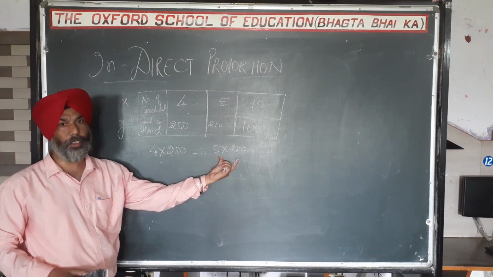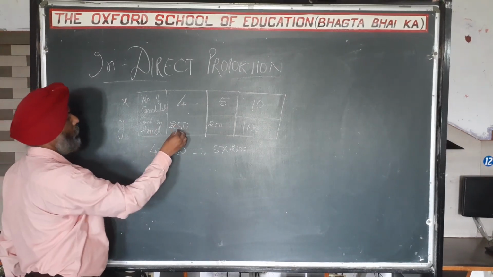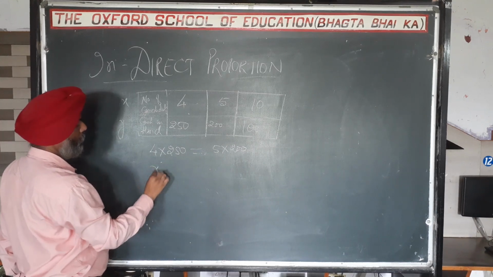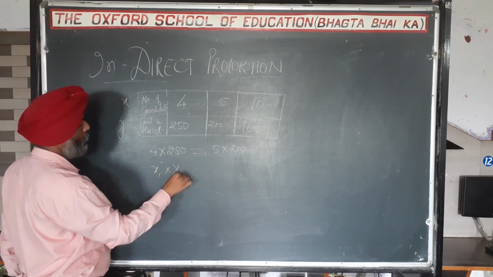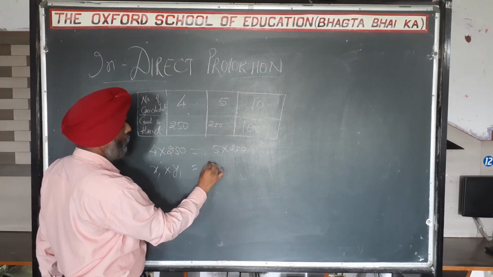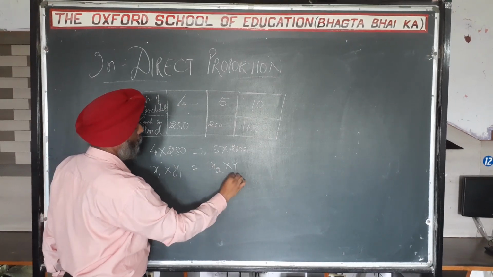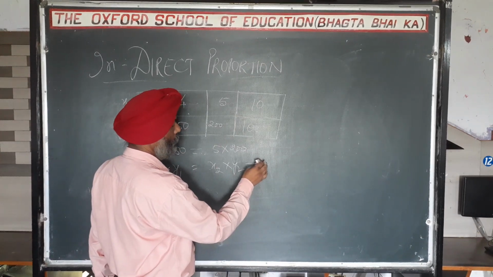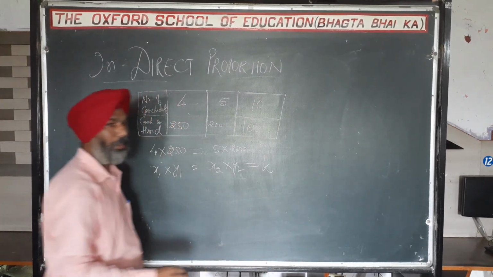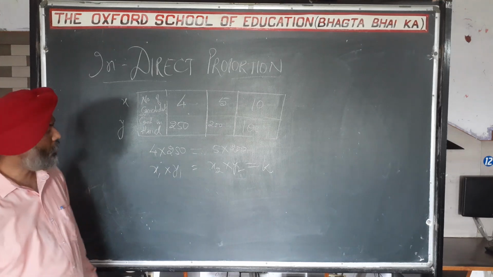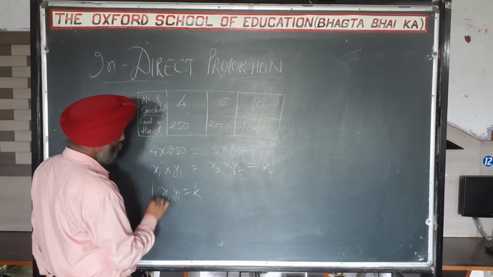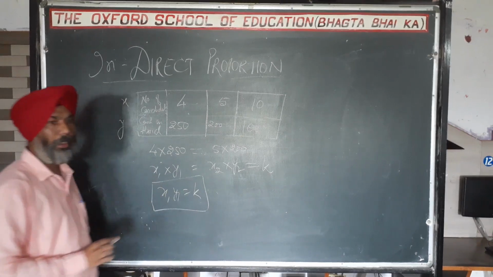Suppose this is x1 y1, x2 y2. So what we observe is the product of x1 with its y1 is going to be equal to x2 with y2, am I right? Suppose all having the same constant answer, like any constant value say k. So x1 into y1 gives us the value k.